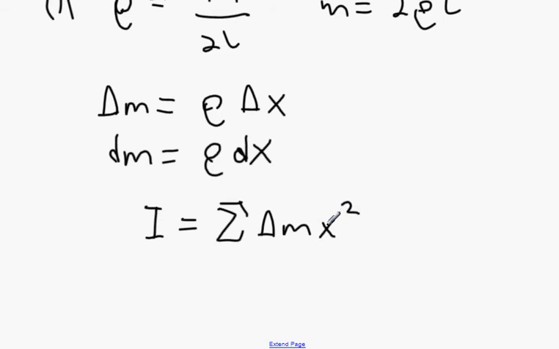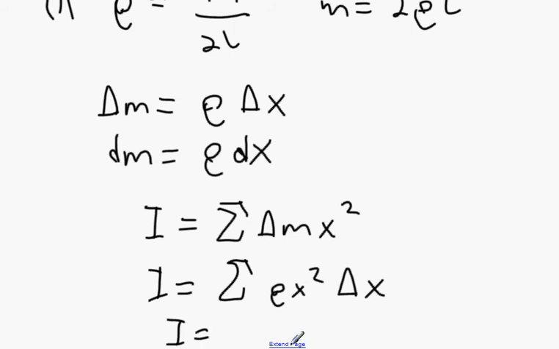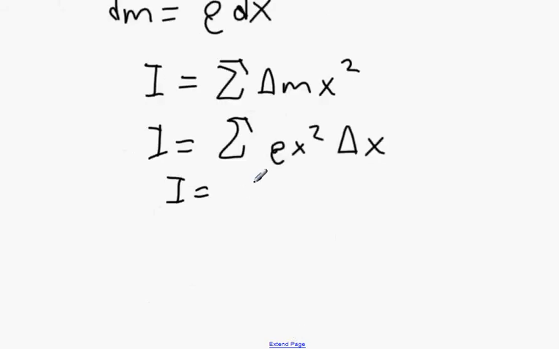And what we can say then is I is the sum of, I'm going to change it into integration in a second, rho x squared delta x, and that's the same thing as the integral of rho x squared dx. So just rho x squared dx.